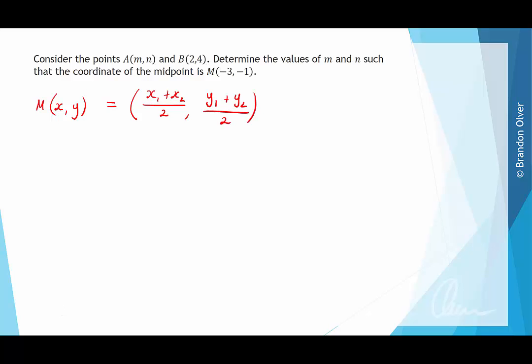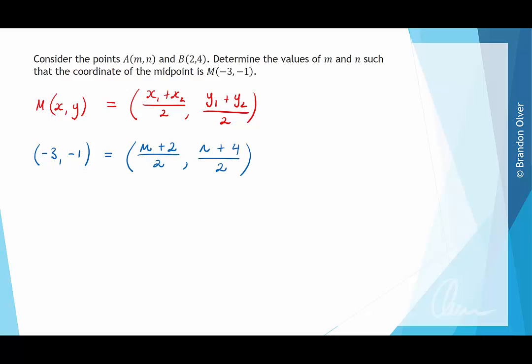So if we substitute in what we know, that the midpoint is at (-3, -1), that will be equal to x1, which is m, plus x2, which is 2, divided by 2, and then we have y1, which is n, plus 4 divided by 2.